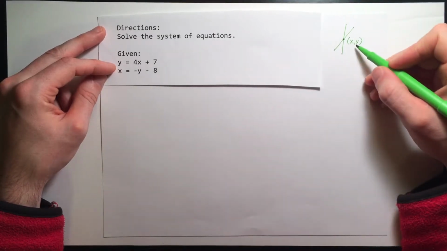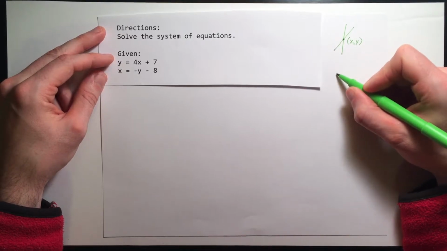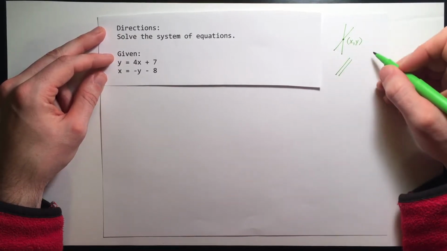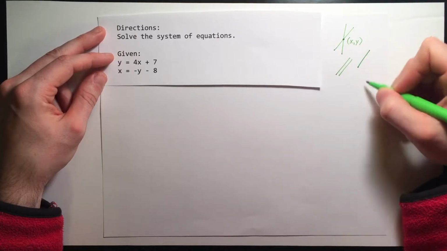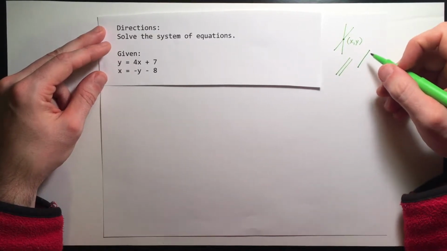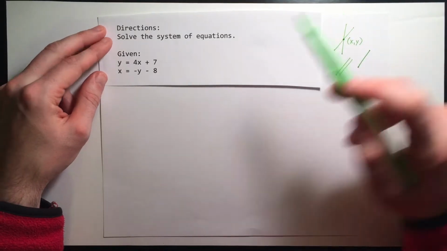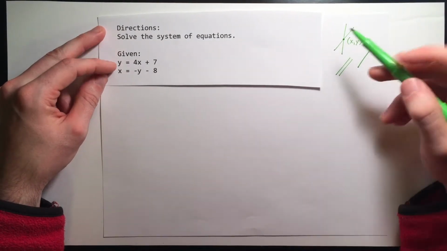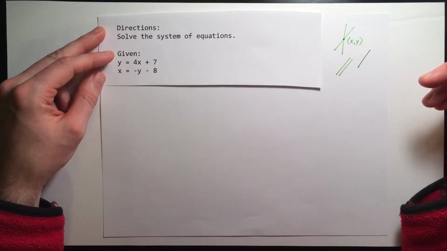Now, it's not always the case that two straight lines would cross. It's possible that you have parallel lines, they never cross, or it's possible that you have two lines that are the same, one on top of the other, in which case they cross everywhere. But we're going to see if we can find just one solution and see if the lines would cross at just one point.